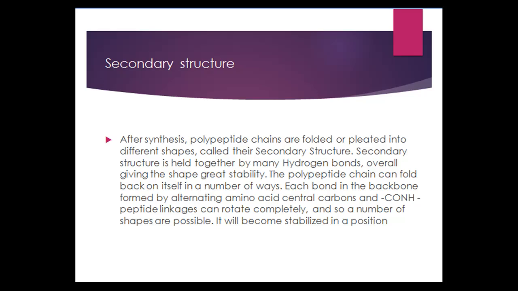The polypeptide chain can fold back on itself in a number of ways. Each bond in the backbone formed by the alternating amino acid central carbon and the peptide linkages can rotate completely, and so a number of shapes are possible.